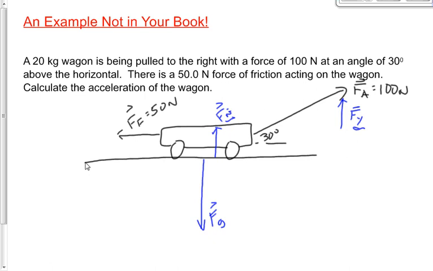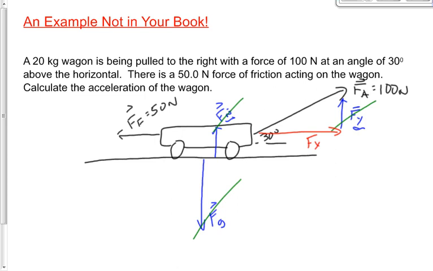So that's the bad news. The normal force and gravity don't cancel this time. The good news is that the normal force and the y component of the applied force combined cancel with the force of gravity. Does that make sense? So what are we left with? We're left with friction. What else are we left with?